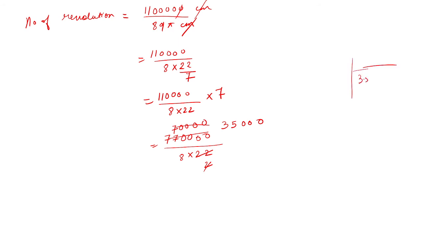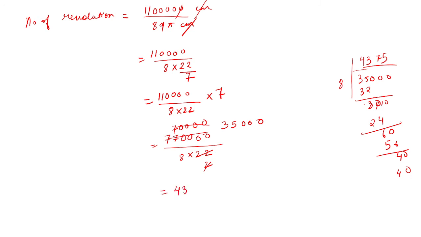If it's huge numbers and you feel you may make a mistake, take the division step by step. 8 fours are 32, so you're left with 30. 8 threes are 24, so you're left with 60. 8 sevens are 56, so you're left with 40, and 8 fives are 40. Therefore the number of revolutions is 4,375. This is the answer.